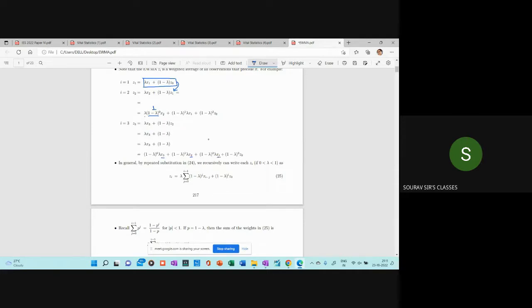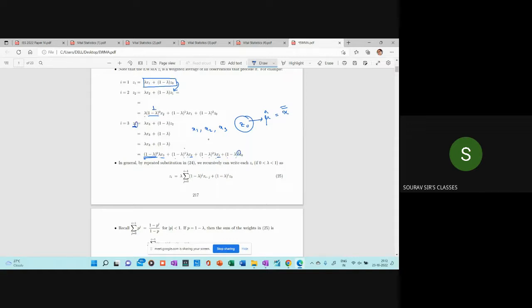Whenever I write z3, I am incorporating x1, x2, x3 and z naught, and the initial value of z naught was taken to be mu, and mu hat was estimated by the grand mean x double bar. The weights are in terms of lambda, that is (1 minus lambda) to the power 0 into lambda, (1 minus lambda) to the power 1 into lambda, (1 minus lambda) whole square into lambda, and (1 minus lambda) to the power cube, which was the suffix of z.